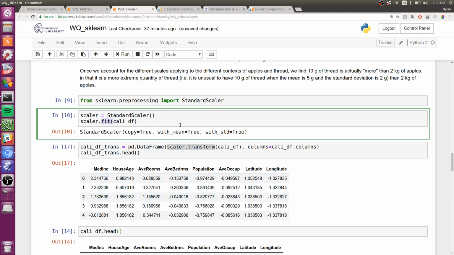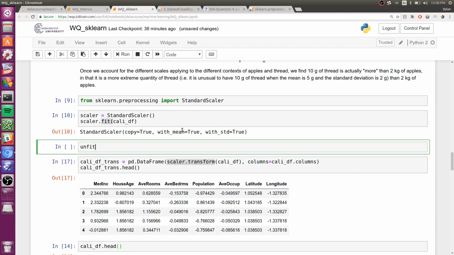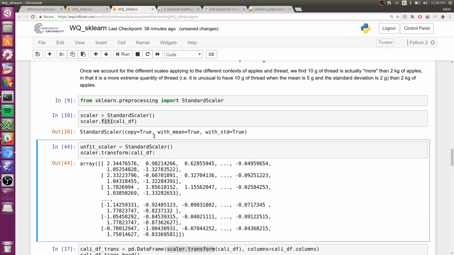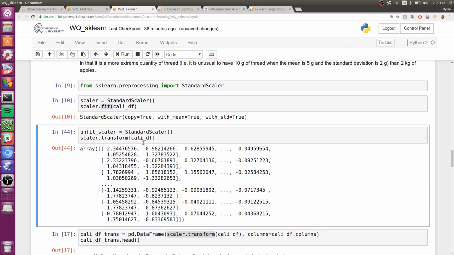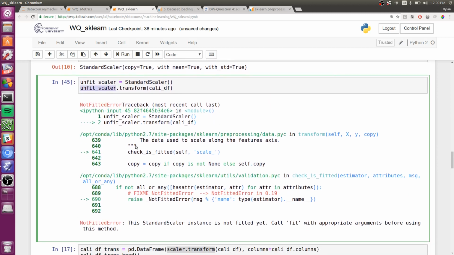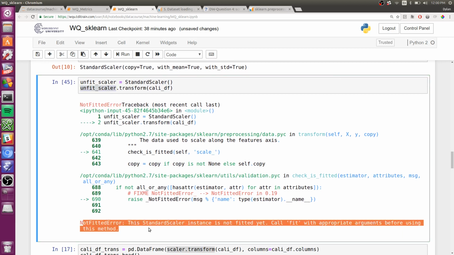If I were to try to transform, let's see. Oh, I didn't use an unfit scaler, I used scaler. There we go. If I try to use a scaler that hasn't been fitted, and I try to use it to transform, I get this NotFittedError: This StandardScaler instance is not yet fitted.